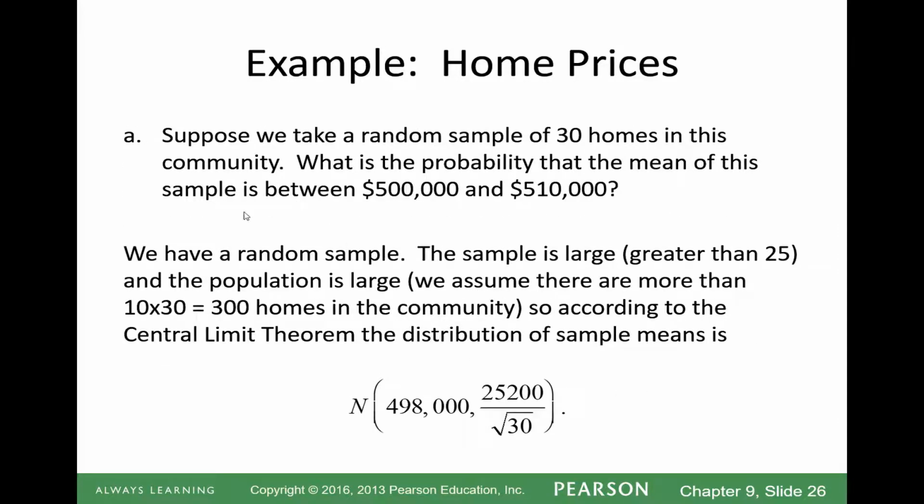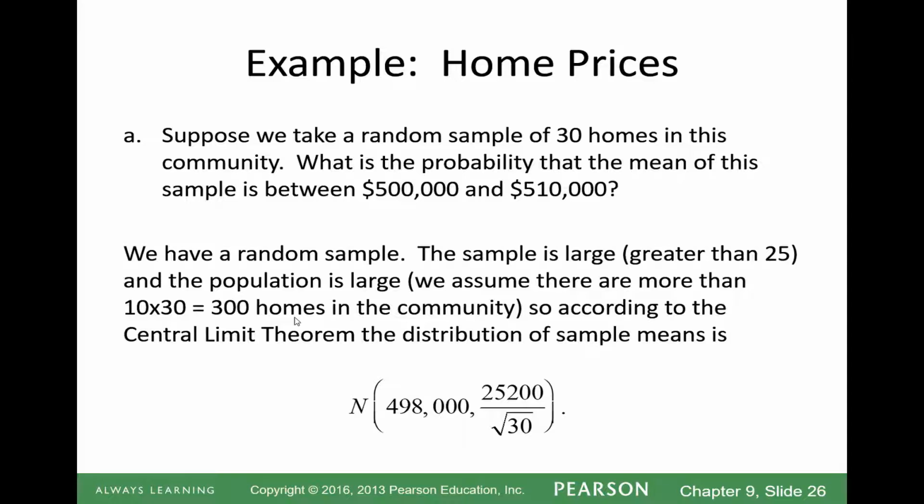Okay. So we took a sample of 30 homes in the community. What is the probability that it'll be between? Okay, we have a random sample. Sample is large, more than 25, and the population is large. So we pass.